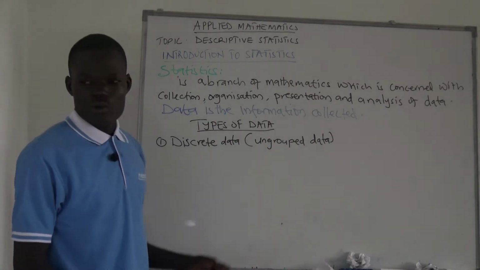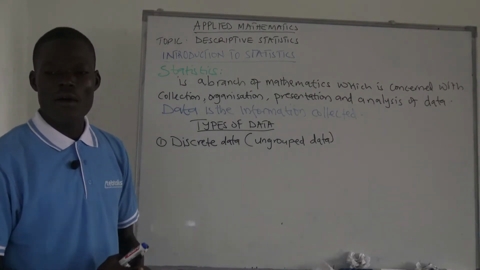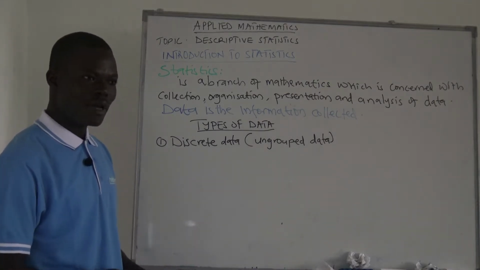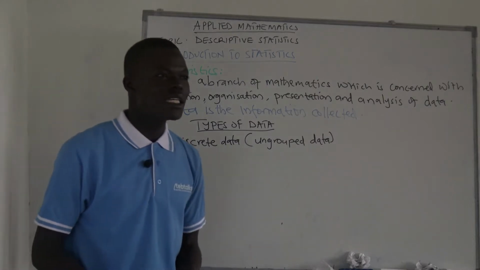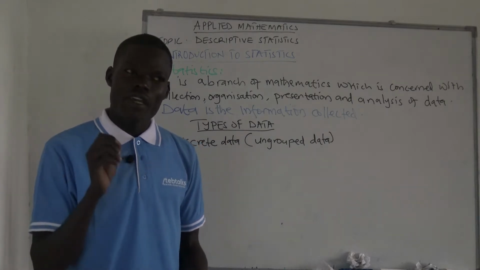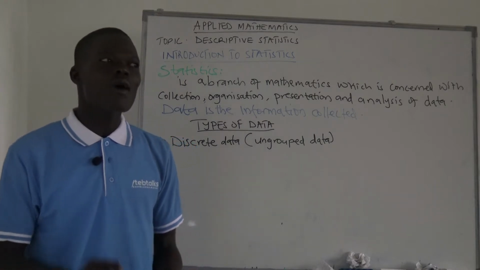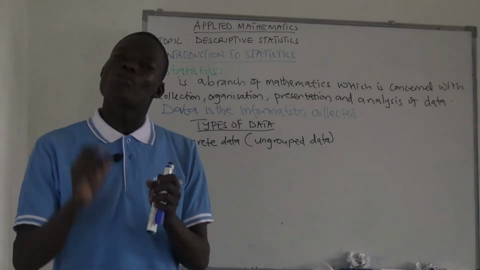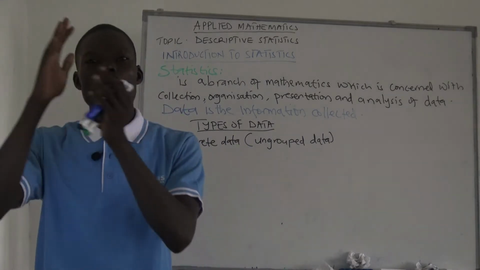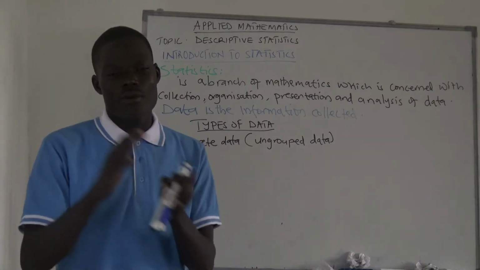Here, the information is collected by counting, and it takes integral values but does not lie within a given range. What do I mean here? If you are counting the number of students in a school who are 16 years old, you count that specific number, only 16 years, not saying let me take from 15 to 17.